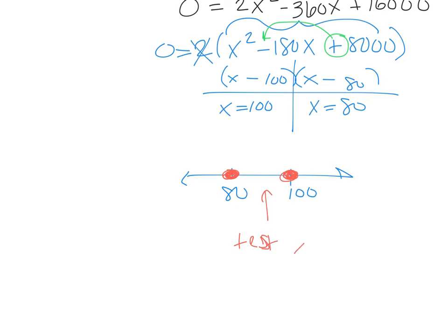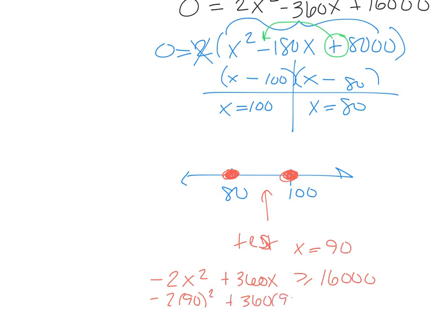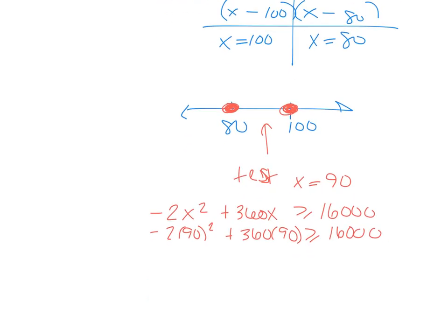So I'm going to test x equals 90. I'm going to do that by plugging it into my original equation, which was negative 2x squared plus 360x is greater than or equal to 16,000. So I'm going to plug in 90 for x to see if this statement is true. If it's true, then I can shade there. So this gives you 16,200, and that is greater than or equal to 16,000.